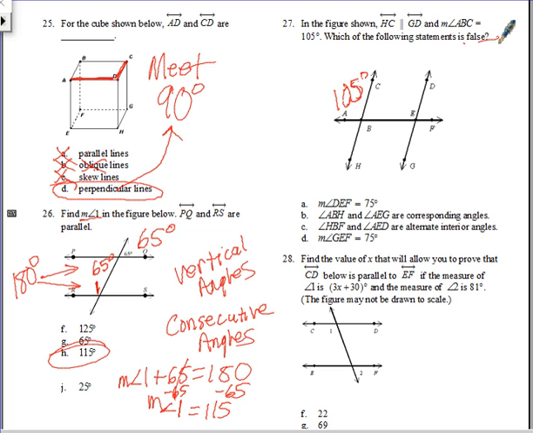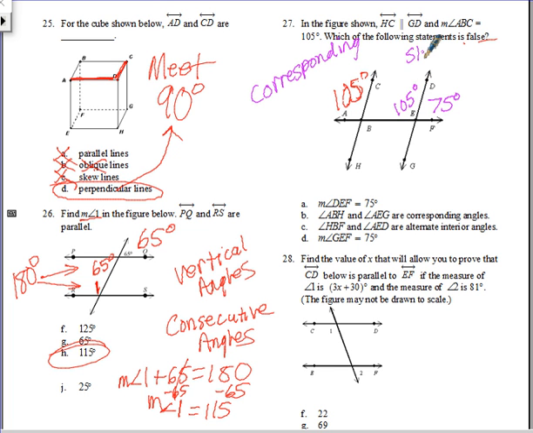A, can DEF equal 75 degrees? Well, let's color code it. If we have 75 degrees here, is that possible? Well, do corresponding angles. If you do corresponding angles, the matching position, they're both on the left and they're both on top. So this has to be 105. Okay?